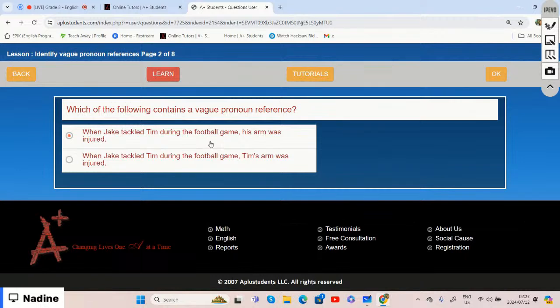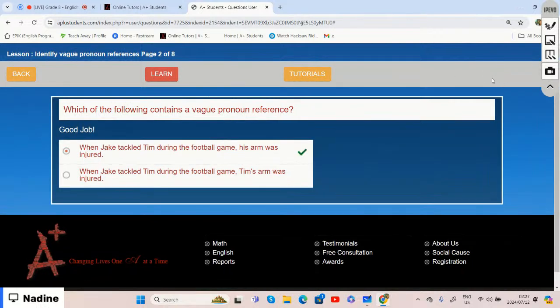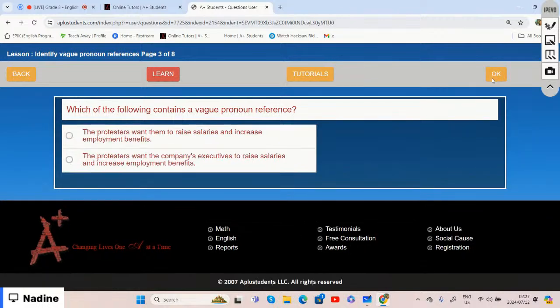We don't know if it was Jake's arm that was injured or Tim's arm that was injured, because "him" or "his" basically refers to a boy or a man, and both Jake and Tim are men. So it wasn't being specific.